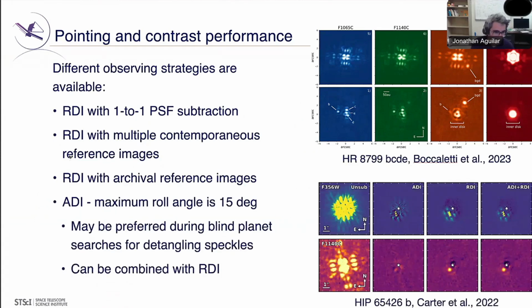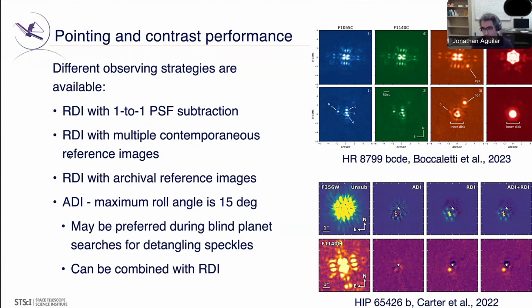So we have different observing strategies. There's one-to-one PSF subtraction, multiple contemporaneous reference images, archival reference images. You can also use angular differential imaging, although with the roll angle of 15 degrees and at 1 lambda over D, it's a little challenging, but there are important use cases where you want to make sure that you get ADI.